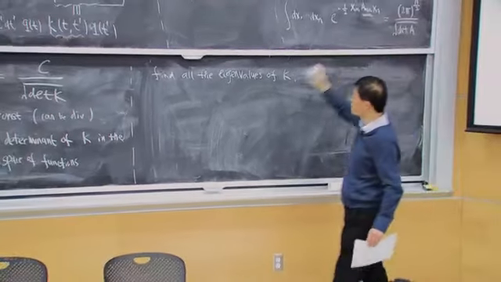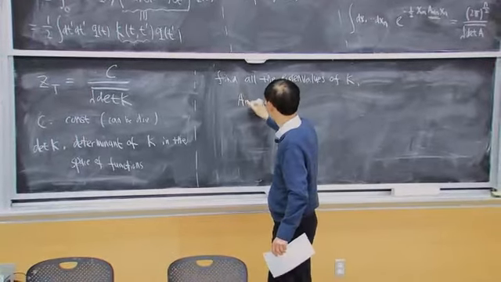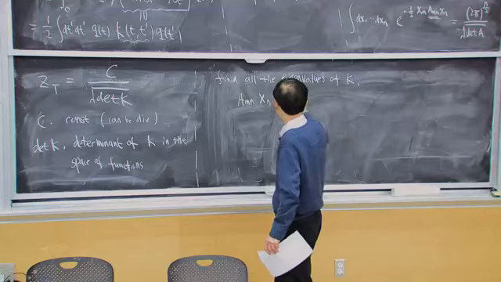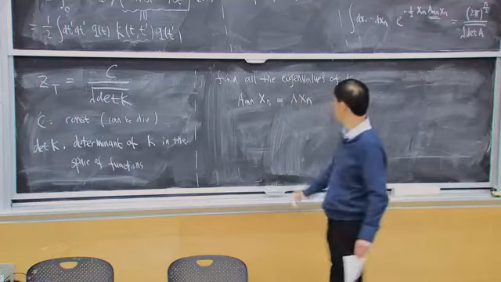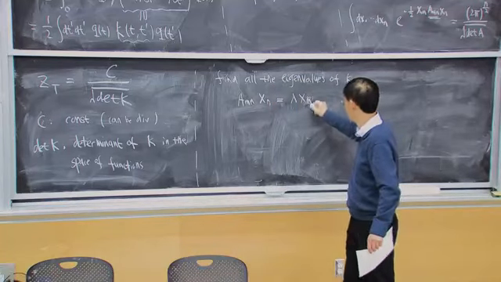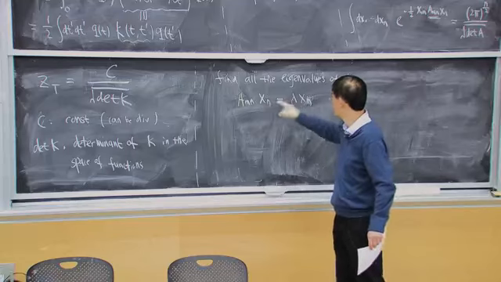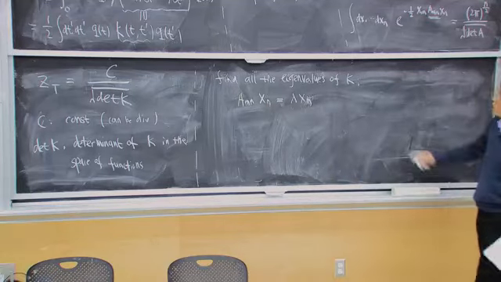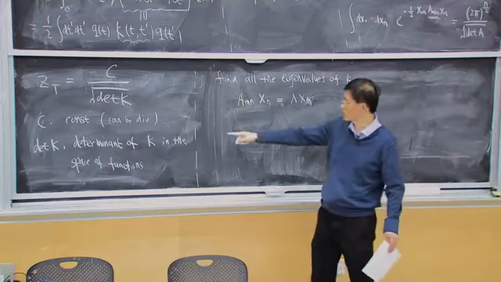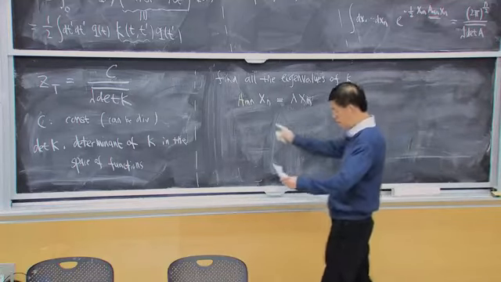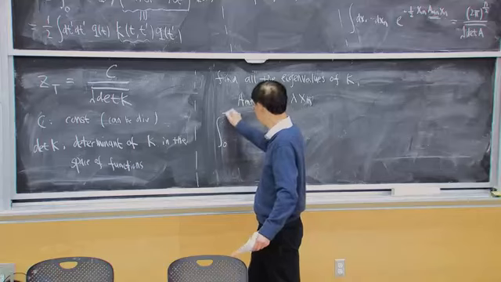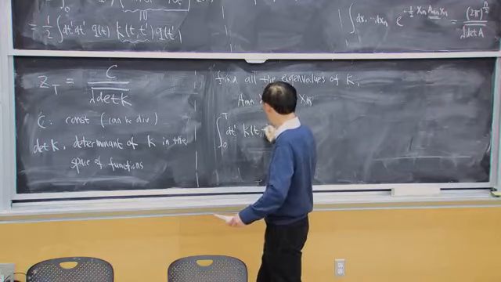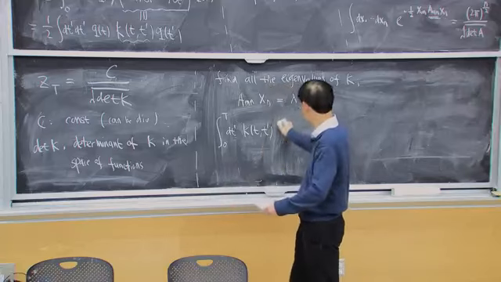When we define the eigenvalue of A_mn, we find the eigenvector x that satisfies this relation, where n is summed. Now the analog of mn here is t and t'. So the analog here is the integral from 0 to T of dt' K(t,t') times some function f_n(t').